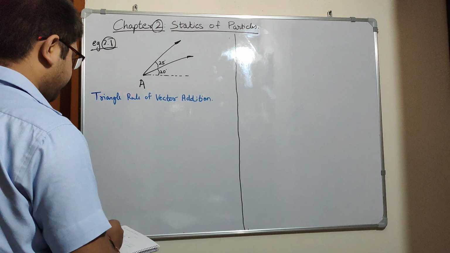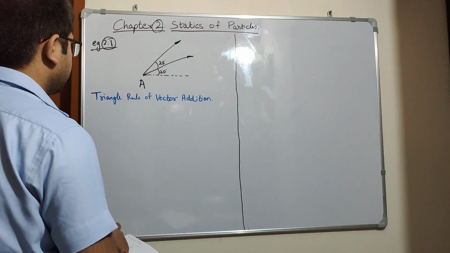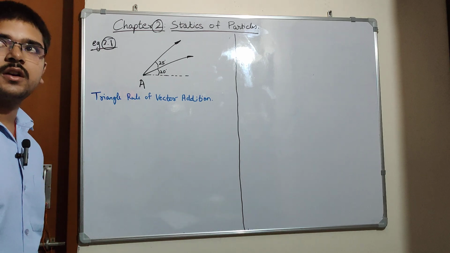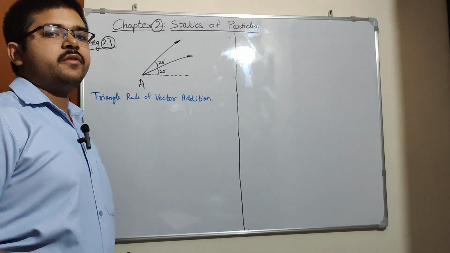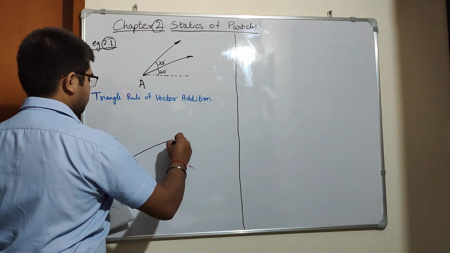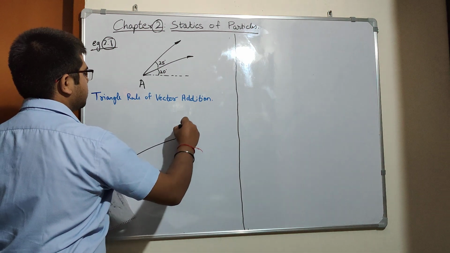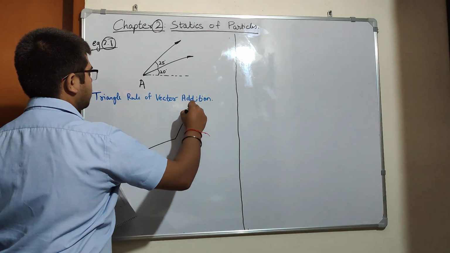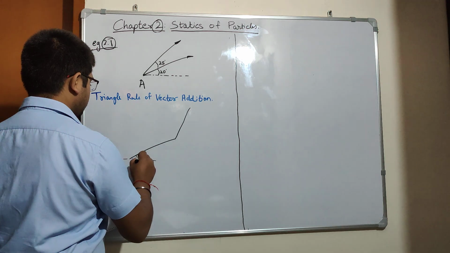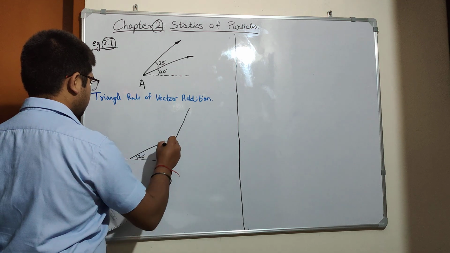First, we will make the vectors in tip to tail fashion. So, this is a vector, this is another vector, this is acting at an angle of 20 degree.